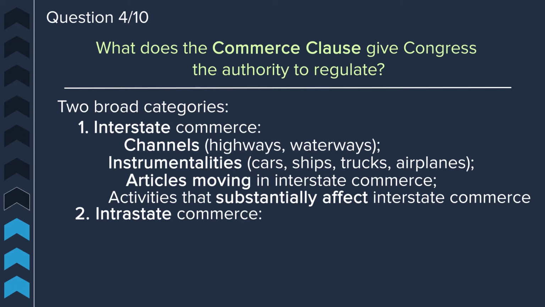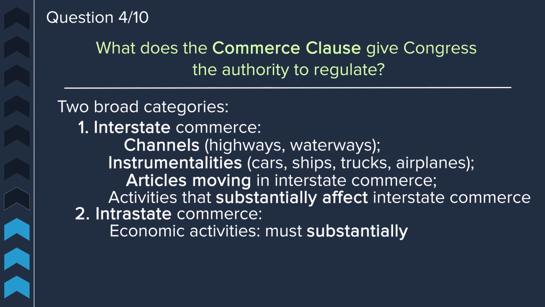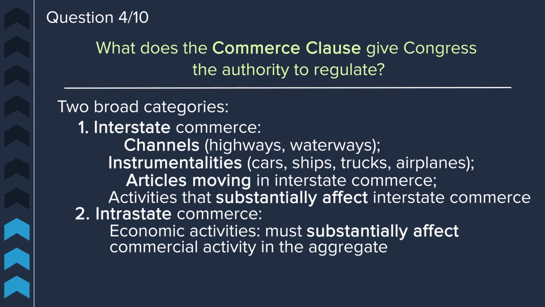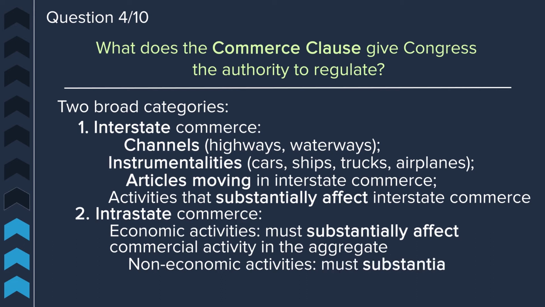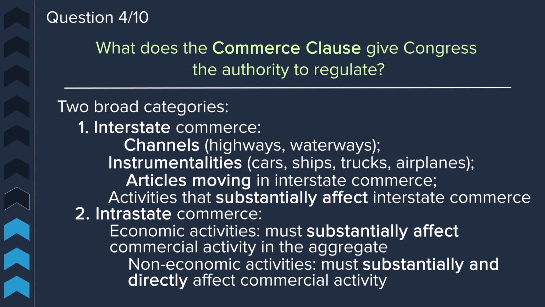For intrastate commerce, Congress can regulate economic activities that substantially affect commercial activity in the aggregate. They can also regulate non-economic activities that substantially and directly affect commercial activity. And this last one has a much higher burden.